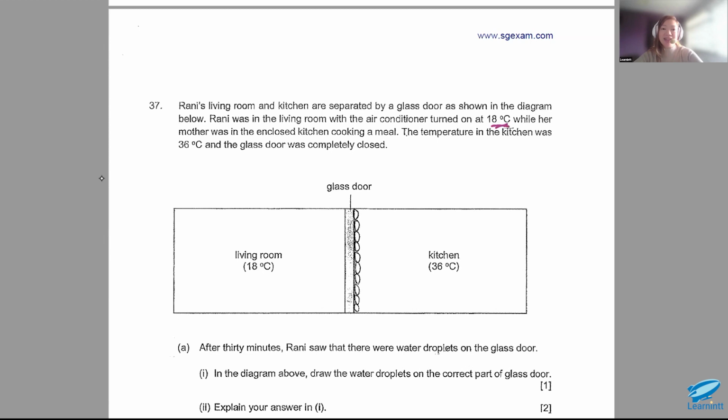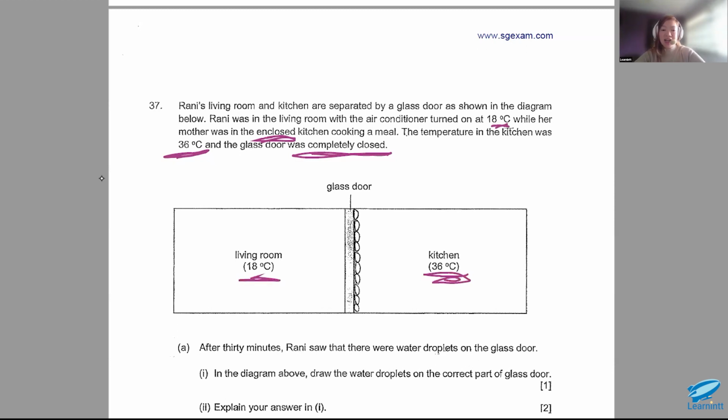While her mother was in the enclosed kitchen, so it's closed up, cooking a meal. All right, so once you're cooking, it gets a little warm, right? So the temperature in the kitchen was 36 degrees Celsius and the glass door was completely closed. So again, she's telling us that it's enclosed, it's tight. So we do see quite a huge difference in temperature. 18 degrees Celsius in living room, 36 degrees Celsius in the kitchen.